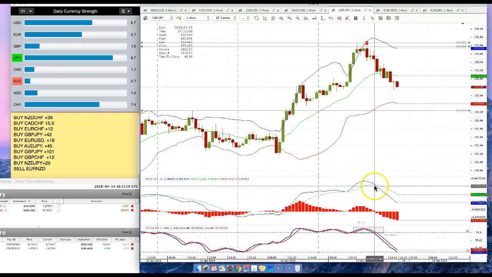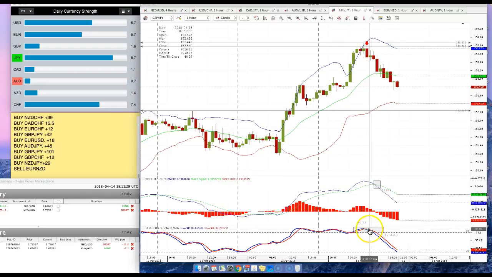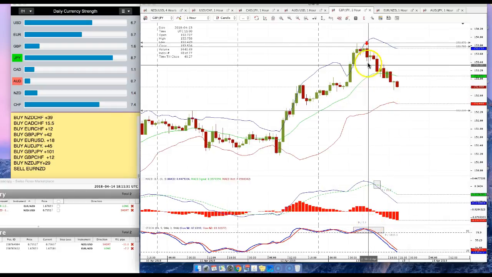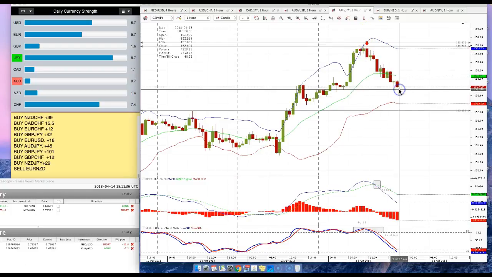The 2 lines of MACD cross to the downside, but MACD is a lagging indicator, so I don't really rely on this because the market had moved quite a bit before these 2 lines crossed. I rely mostly on stochastics being overbought and a candlestick pattern. And it was a nice move of about 100 pips to the downside.